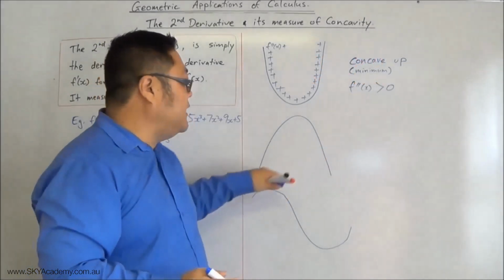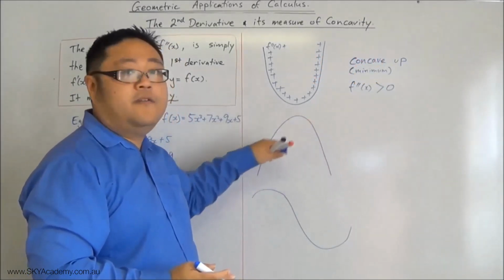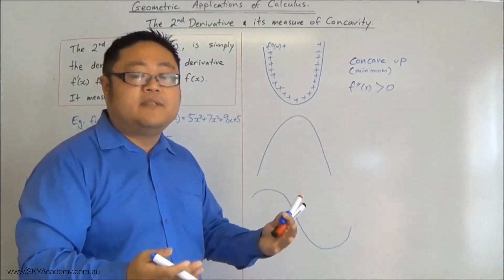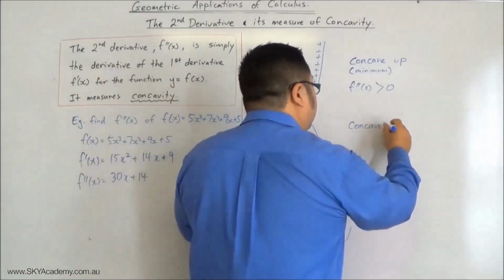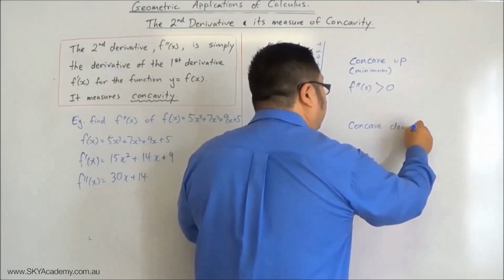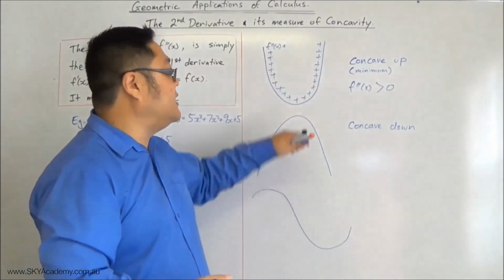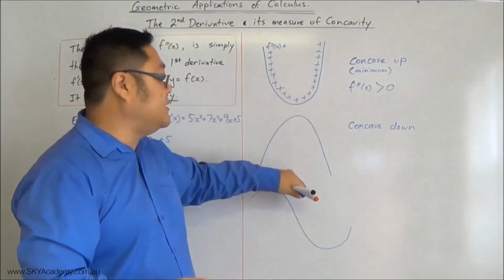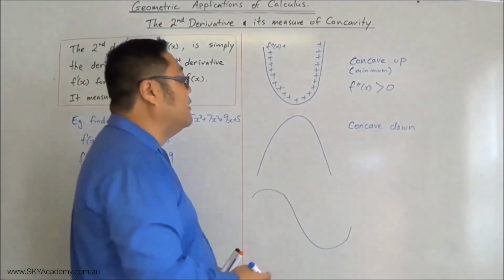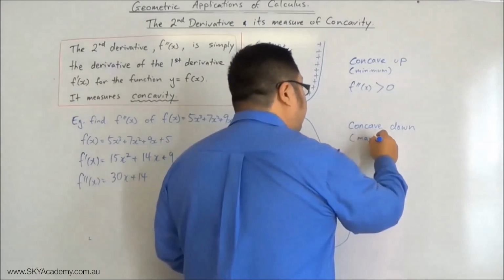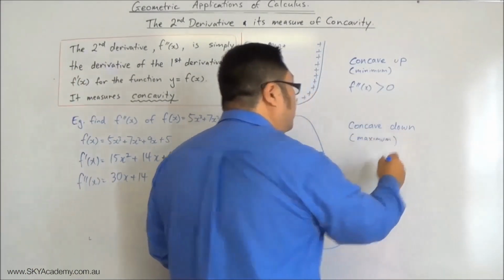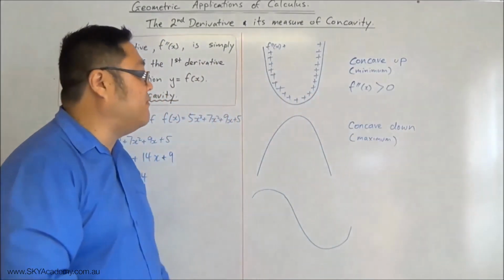Does that make sense? This particular curve is not a smiley face anymore, it's a frowny face. It's become sad, and this is what we call concave down, which makes sense because if this is concave up, this is the opposite, it'd be concave down. It's usually found because there is a maximum involved. Not always, but there usually is a maximum involved.